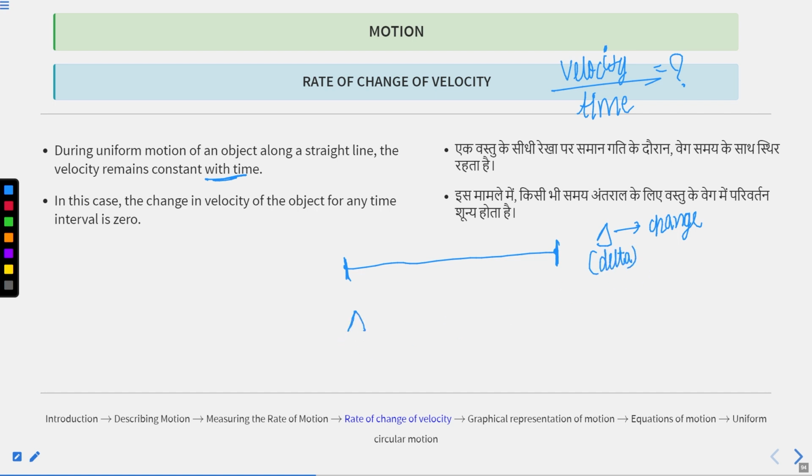So change in velocity for uniform motion is 0, because initial velocity and final velocity are the same in uniform motion, because the object is moving along a straight line. So change in velocity in uniform motion is zero.